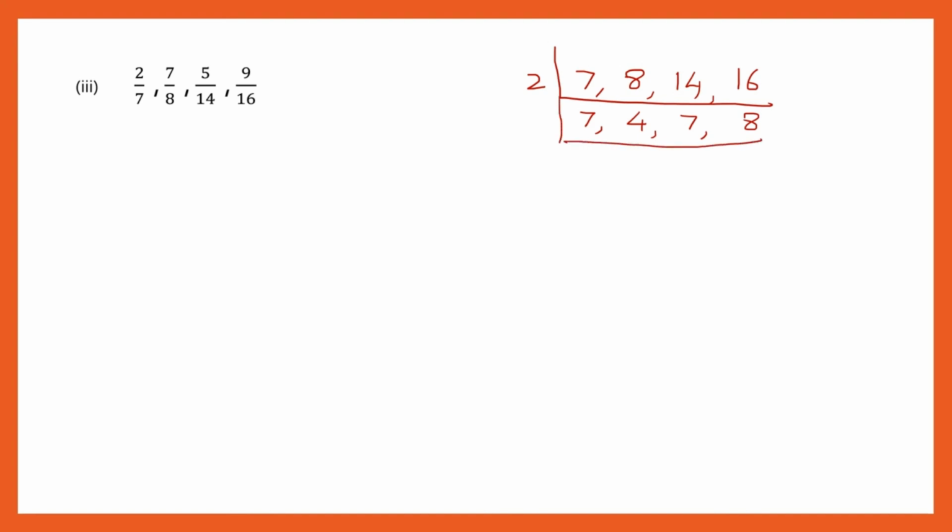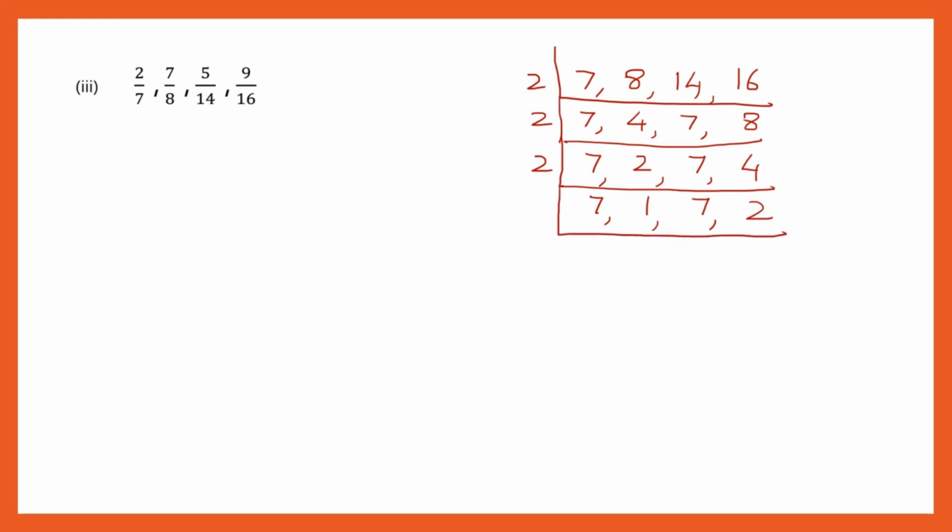I continue to divide by 2. 7 I bring it down. 2 2s are 4. I bring down 7. 2 4s are 8. I'll divide again by 2. 7. 2 1s are 2. 7. 2 2s are 4.